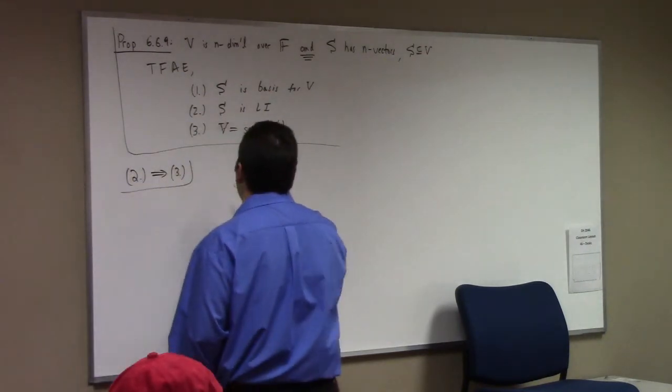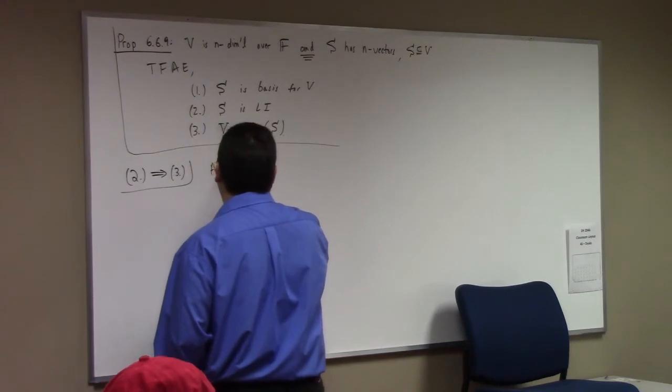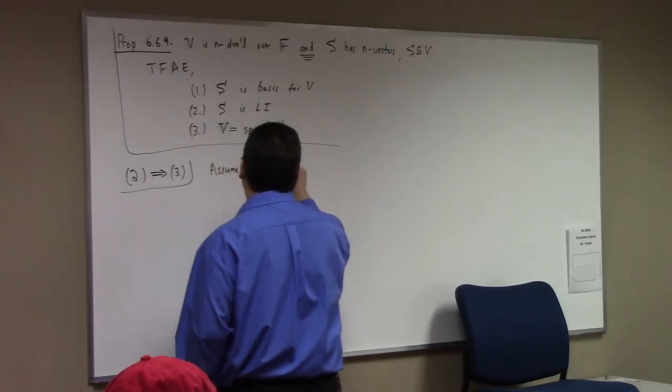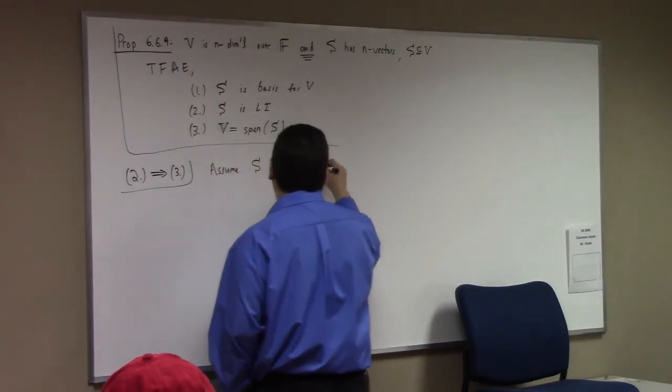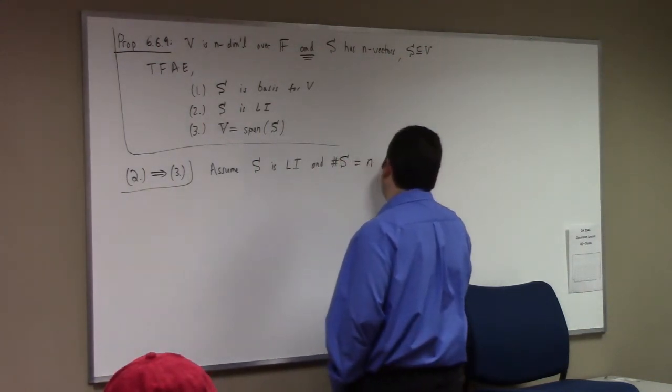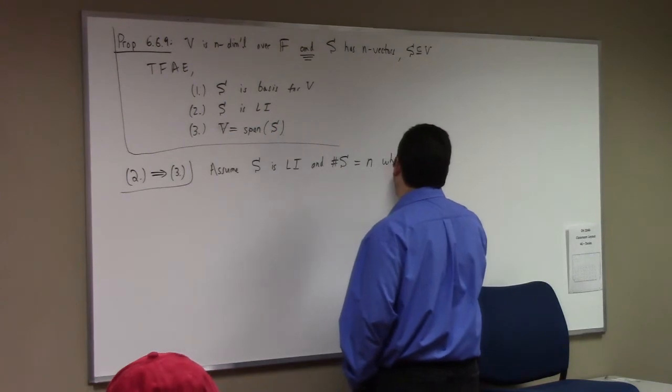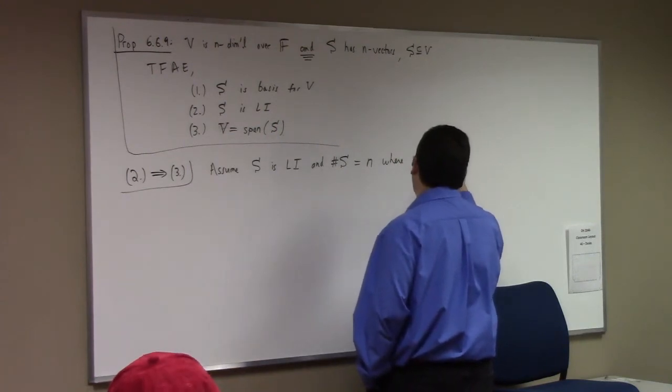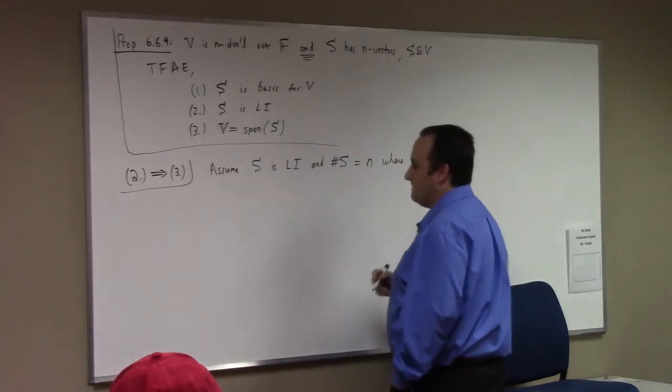So assume 2 is true. So assume S is linearly independent, and the number of things in S is equal to n, where n is also equal to the dimension of the vector space V, right?